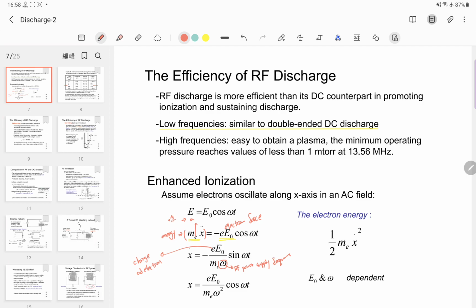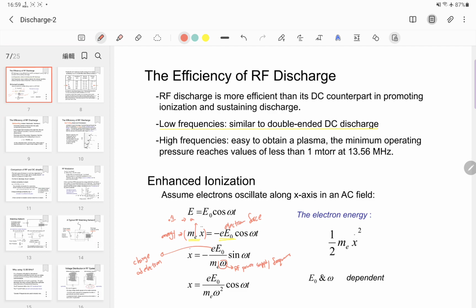So for the low frequency RF power supply, you will generate a plasma with very high electron energy, and for the high frequency RF power supply, you can generate plasma with a medium electron energy.